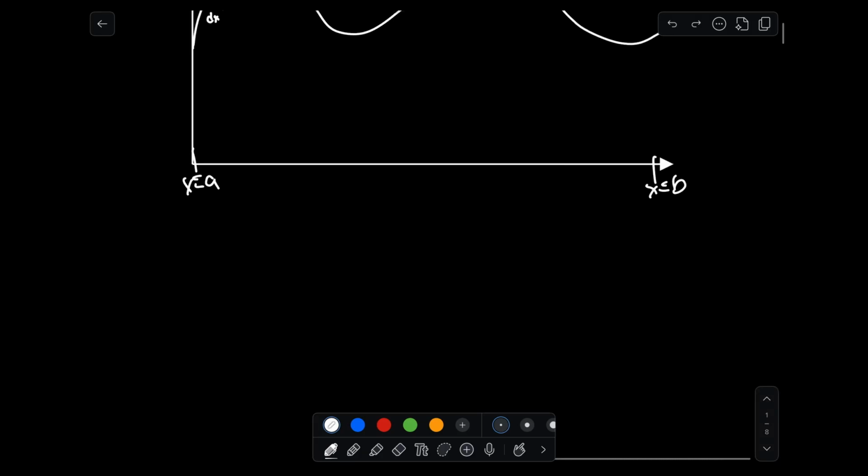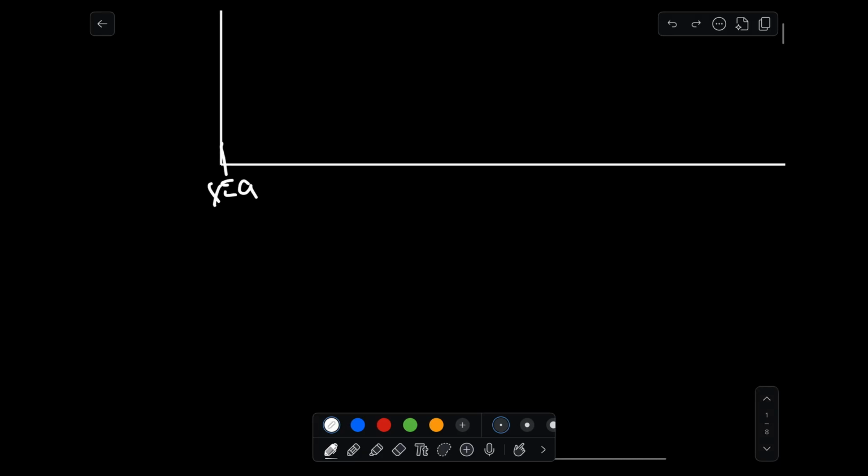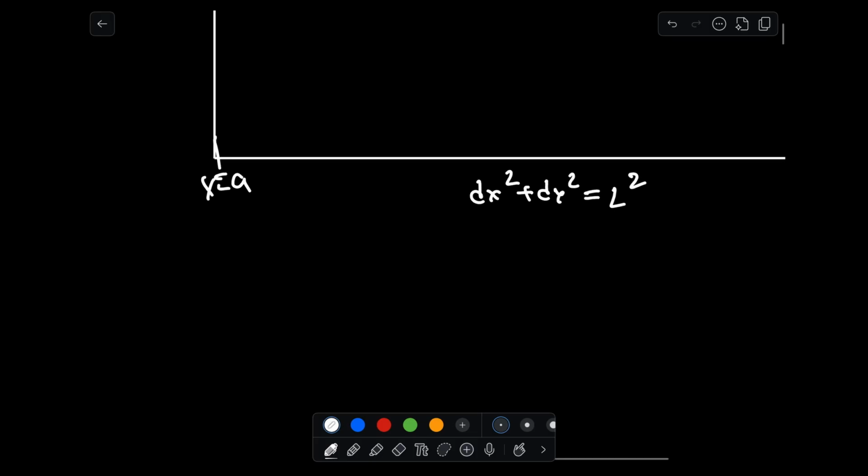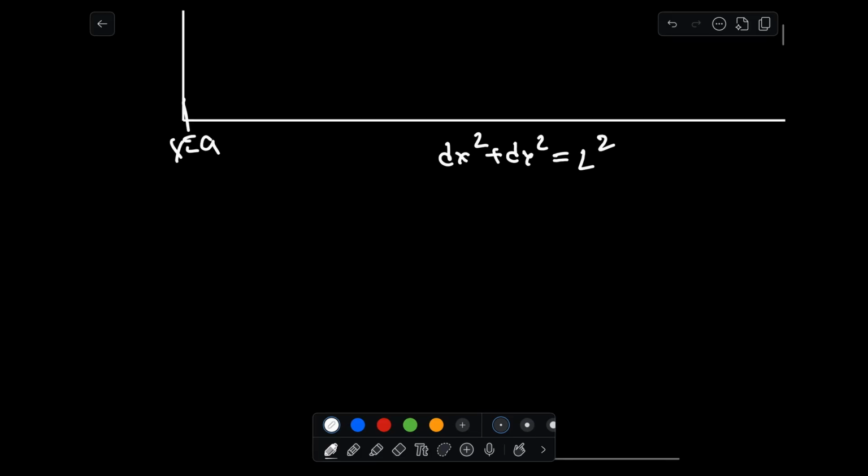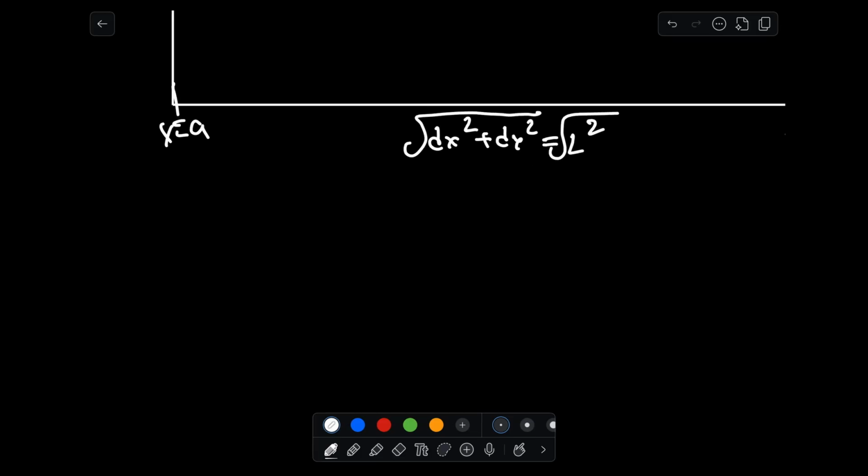As we know from trigonometry, a squared plus b squared equals c squared, and we'll just call this L squared. We want to solve for L, so we should take the square root of this.